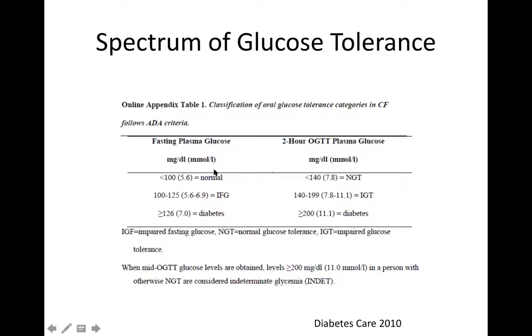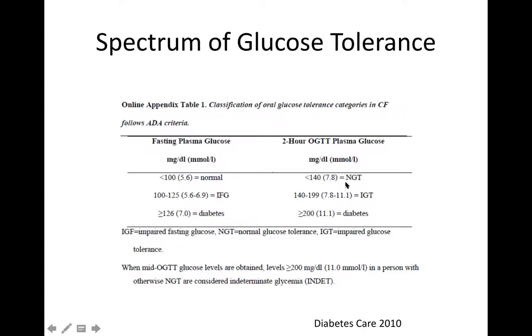So you would get a glucose level, and if your fasting level is less than 100, you're normal. If your fasting level is 100 to 125, you're having some impaired fasting glucose, and that may mean that you're having problems with hyperglycemia in the day. If your blood sugar is higher than 126, then that's a diagnosis of diabetes.